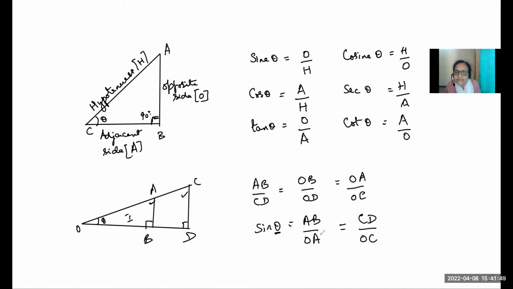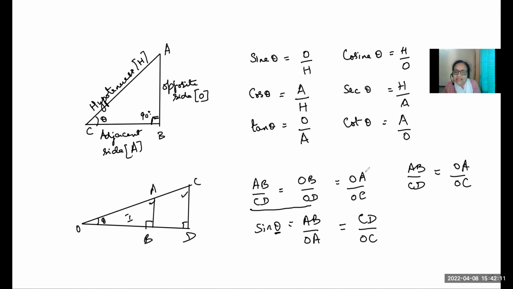So value of sin theta is the same because these two ratios are the same. When I compare these two, AB by CD should be equal to OA by OC. Therefore, sin theta value is the same.